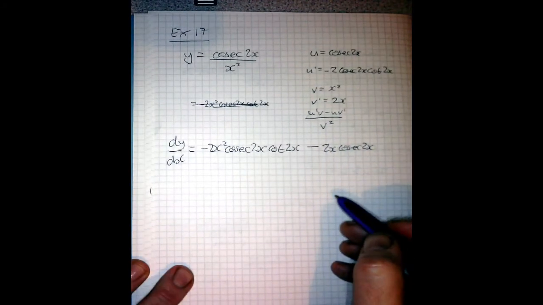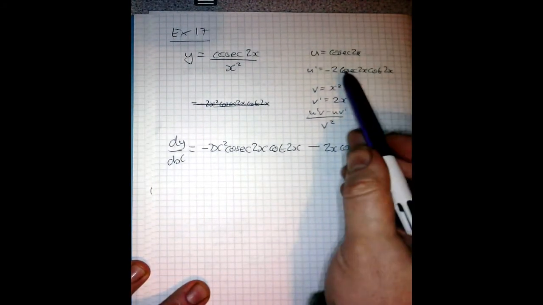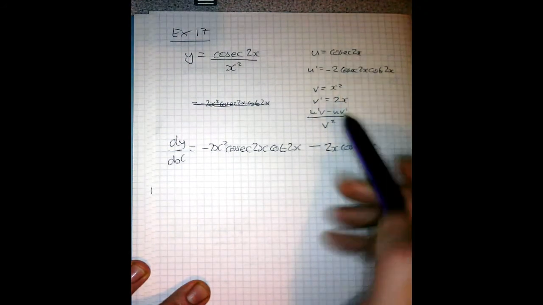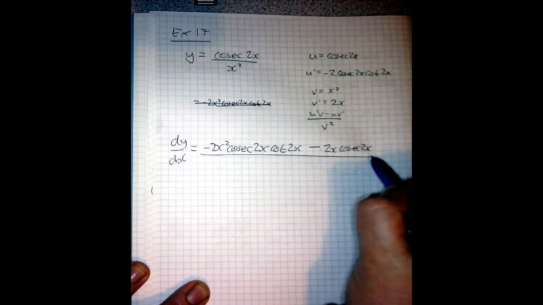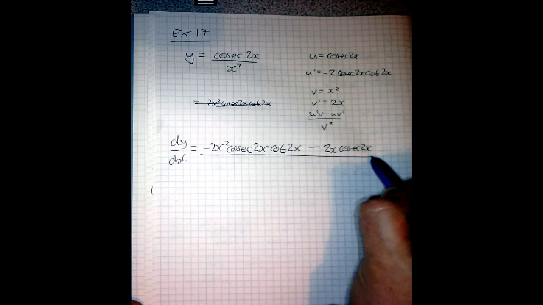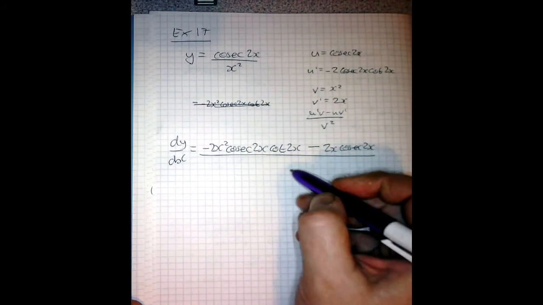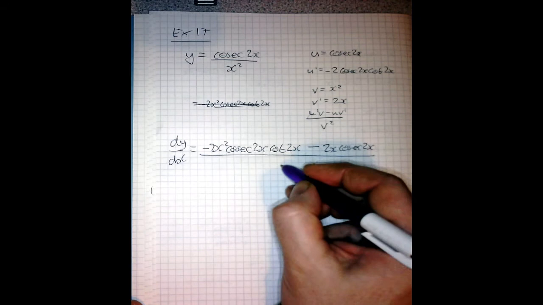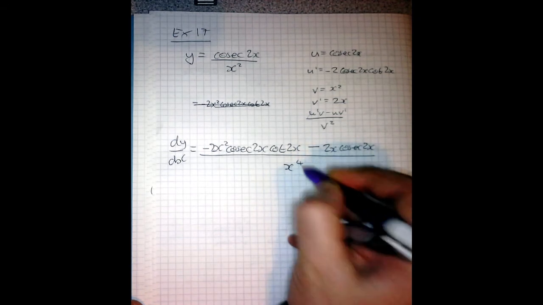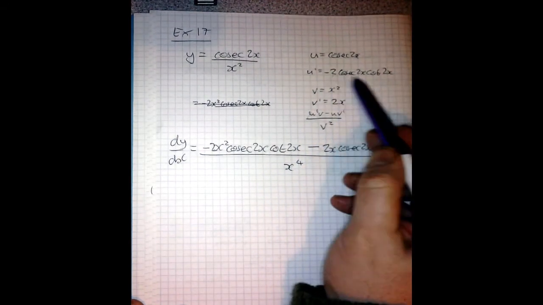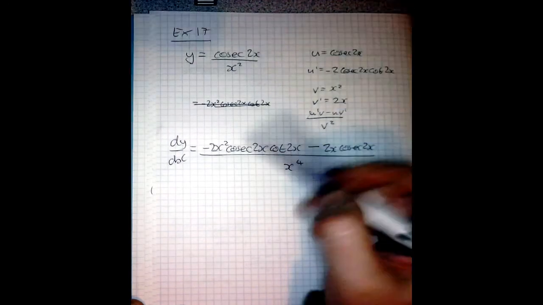Well, I can simplify this. I can take out a 2x cosec 2x, can't I? So I'll do that. Equals minus 2x cosec 2x, x cot 2x plus 1, over x to the 4.